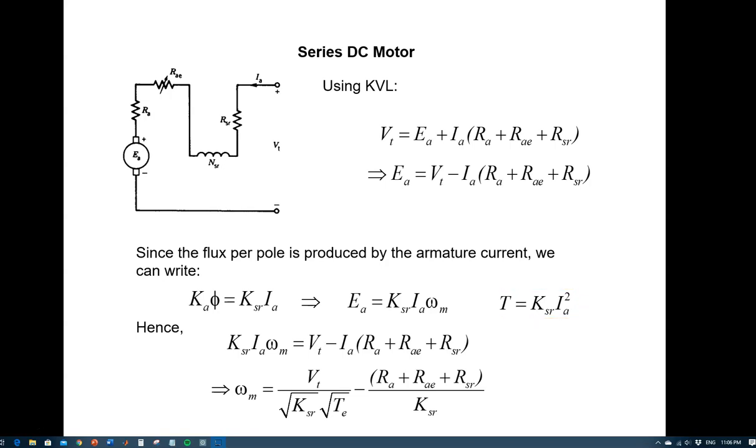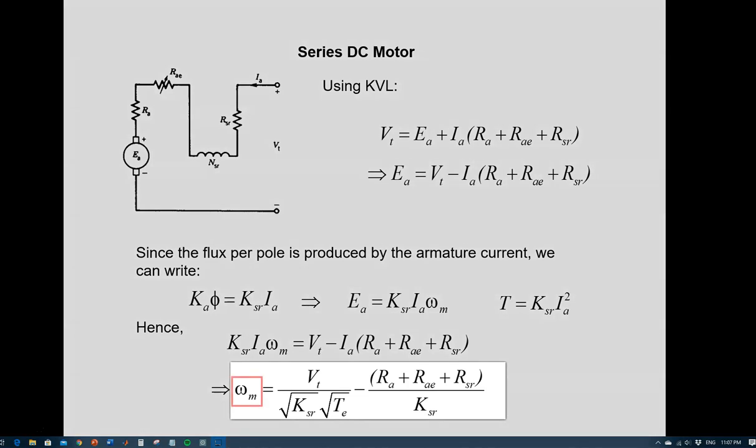If we substitute the expressions for the back EMF and the current in terms of the torque, we end up with the steady state speed equation of this series DC motor, given by this equation. As we can see, the speed is inversely proportional to the square root of the torque.